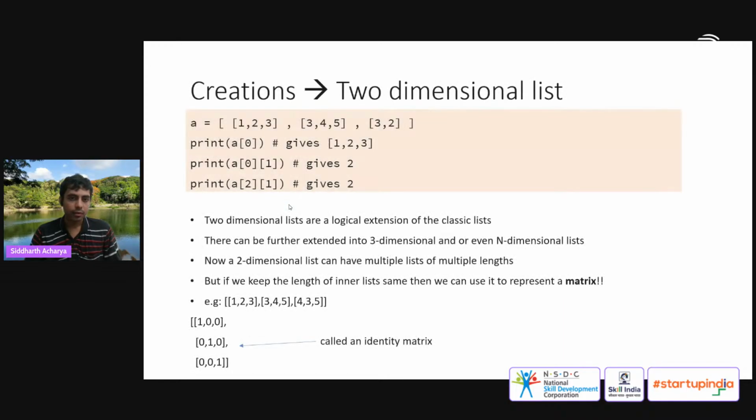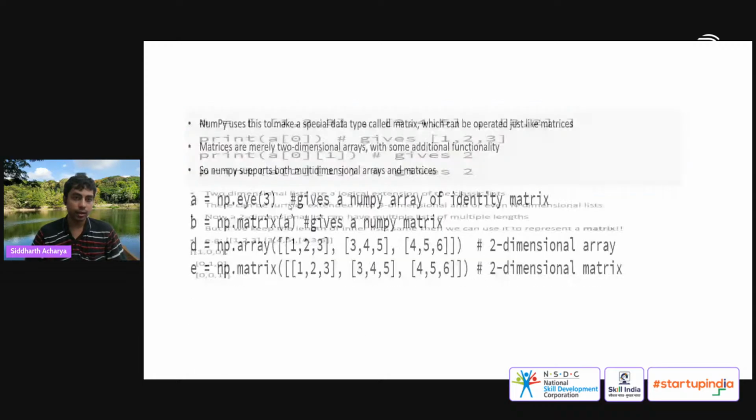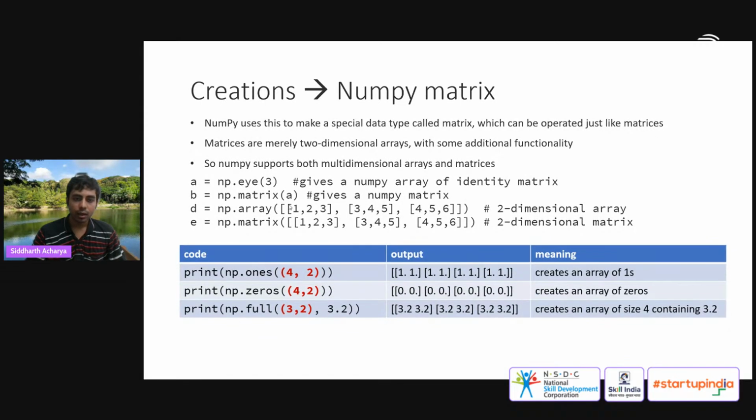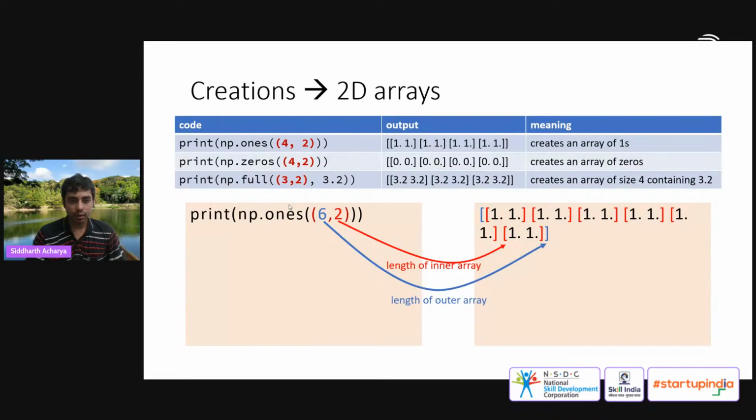We can also create two-dimensional lists. We also saw how we can create two-dimensional lists and how it can be extended to create two-dimensional NumPy arrays, ND arrays, and subsequently an extension to it called the NumPy matrix. So these are the two crucial data types we went through yesterday, and we saw something called the shape of an ND array.